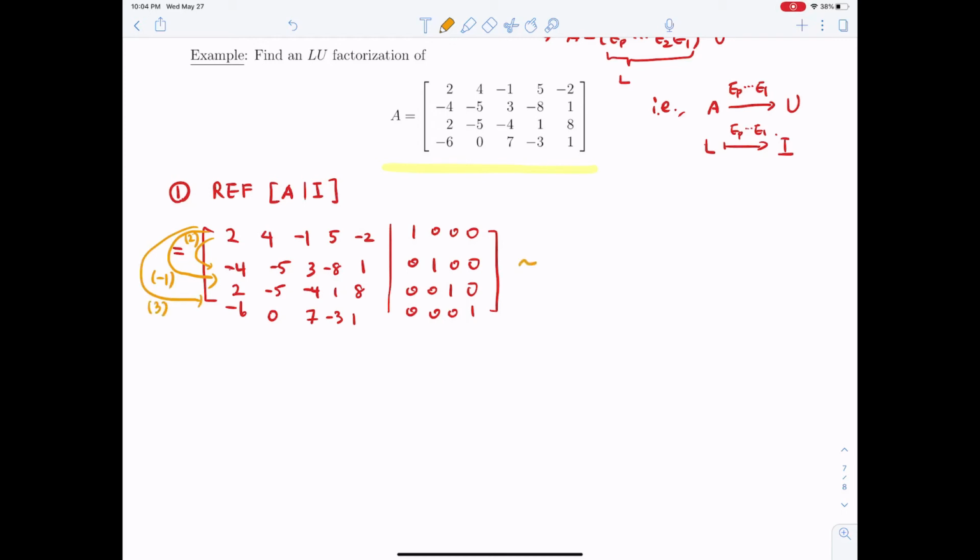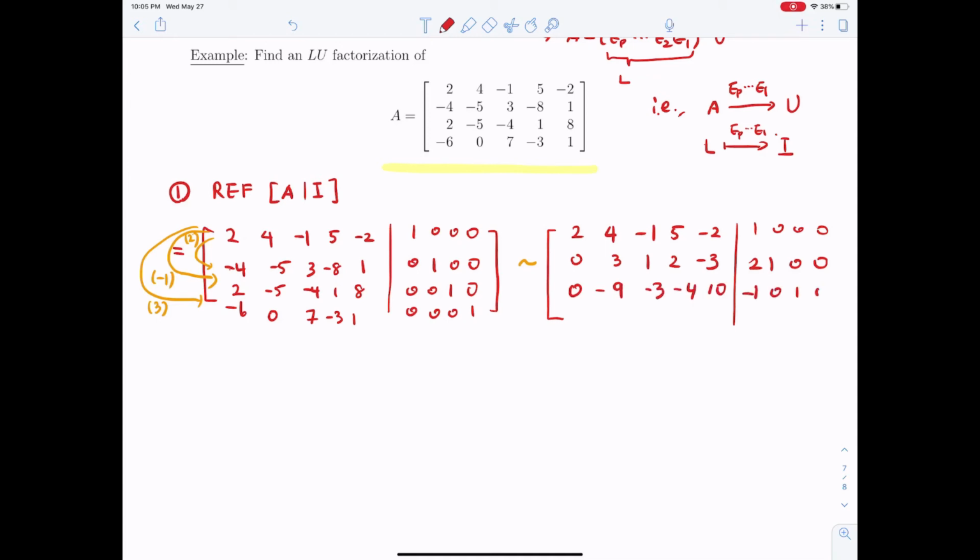Then you get an equivalent matrix, which is given by 2, 4, -1, 5, -2, 1, 0, 0, 0, 0, 3, 1, 2, -3, 2, 1, 0, 0, 0, -9, -3, -4, 10, -1, 0, 1, 0, 0, 12, 4, 12, -5, 3, 0, 0, 1.